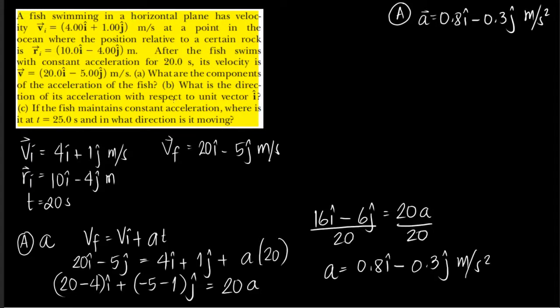Okay. Now, question letter B. What is the direction of its acceleration with respect to unit vector i? Okay. The direction along the unit vector i means along the x-axis. And when we say direction, it is just going to be theta.